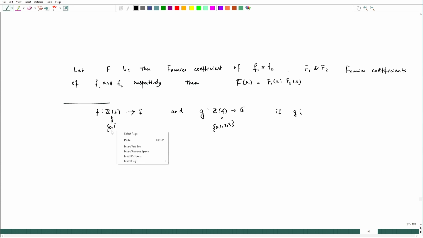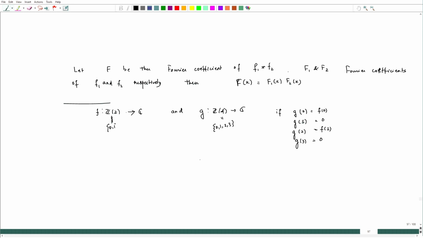Now, if I define my g of 0 equal to f of 0, g of 1 equal to 0, g of 2 equal to f of 1 and g of 3 equal to 0.